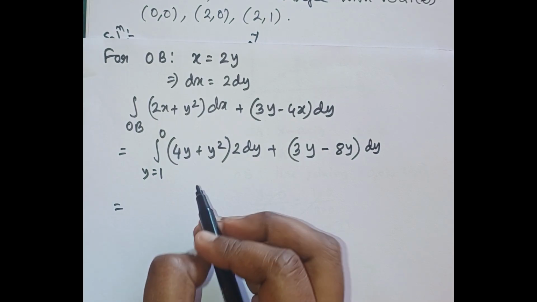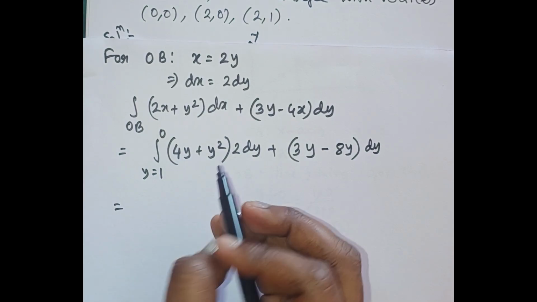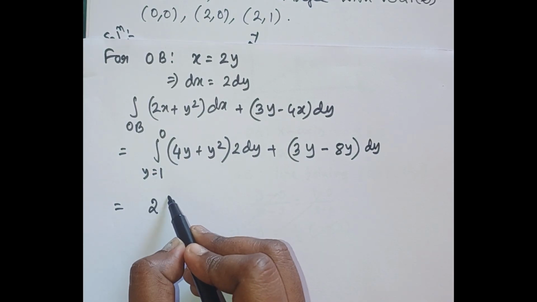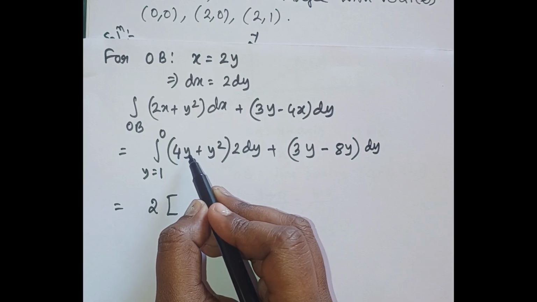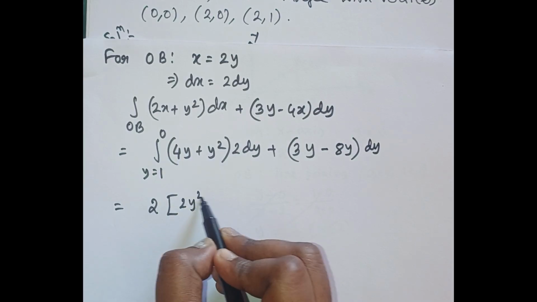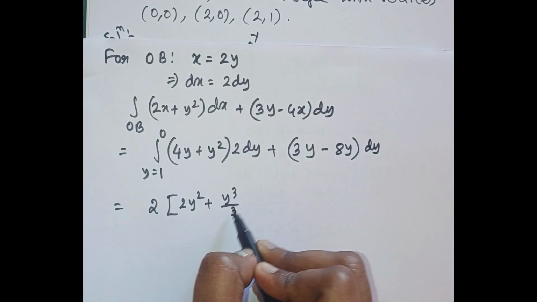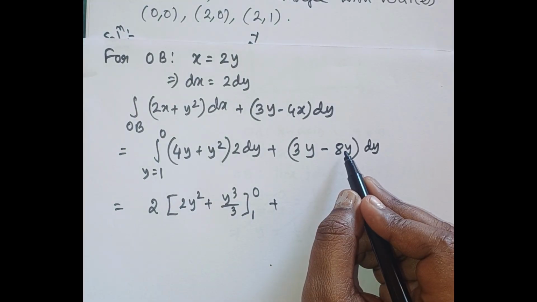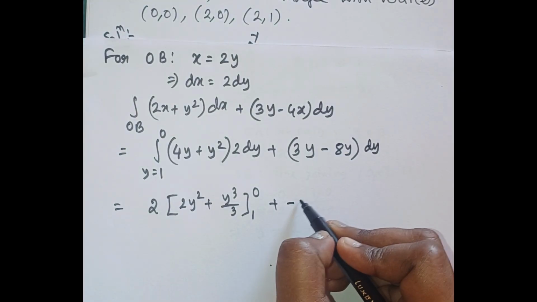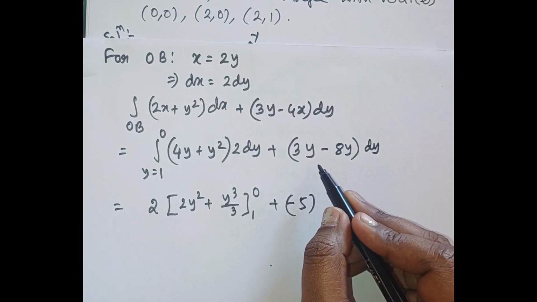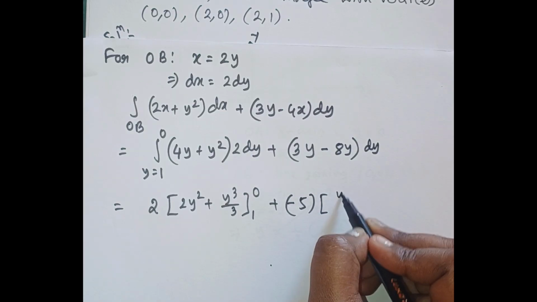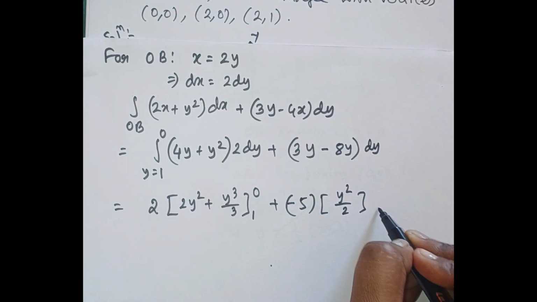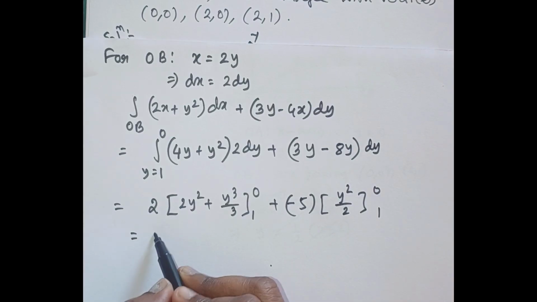And then we can simplify this as 2 into 2y square plus y cube by 3, 1 to 0, plus 3y minus 8y, which is actually 5y. So take minus 5 outside, and then y square by 2, then 1 to 0.